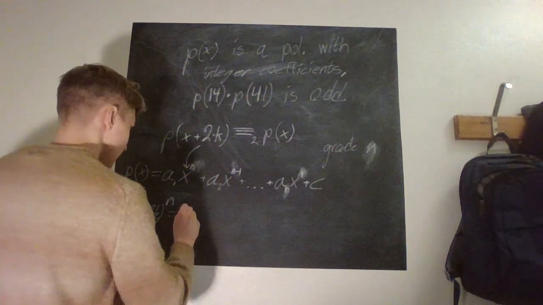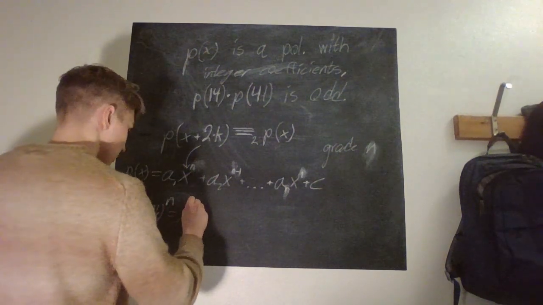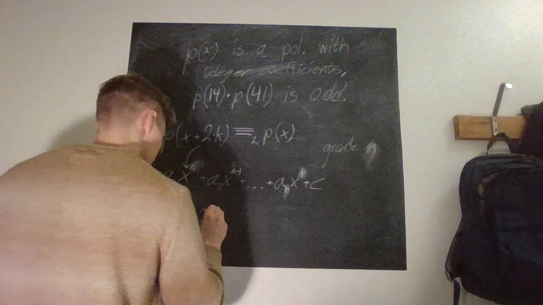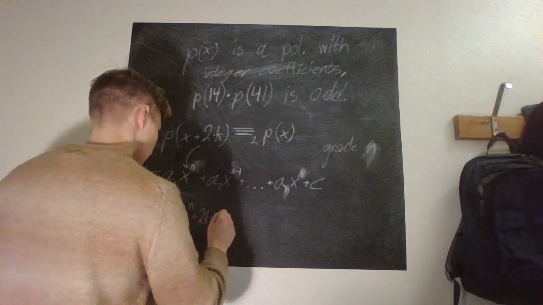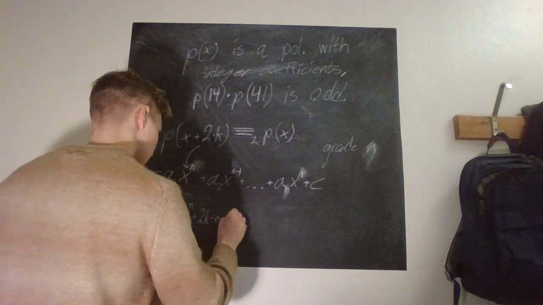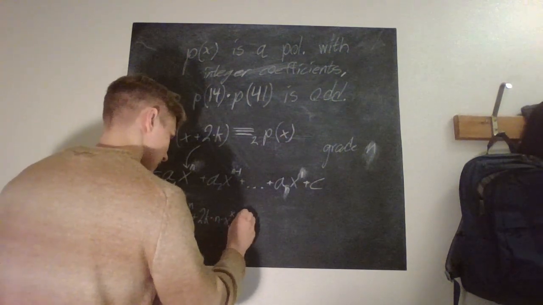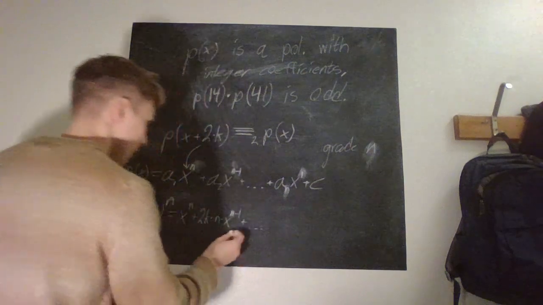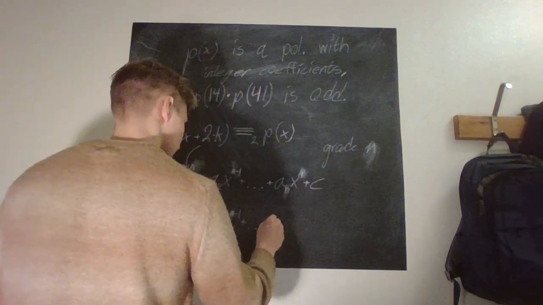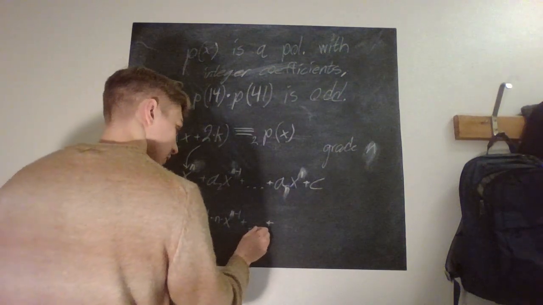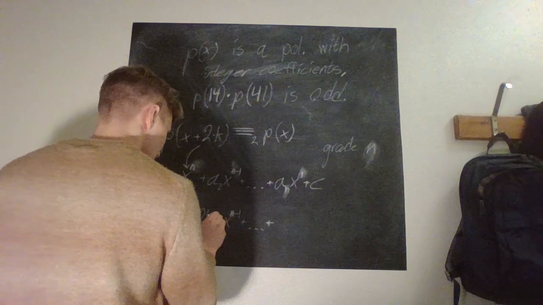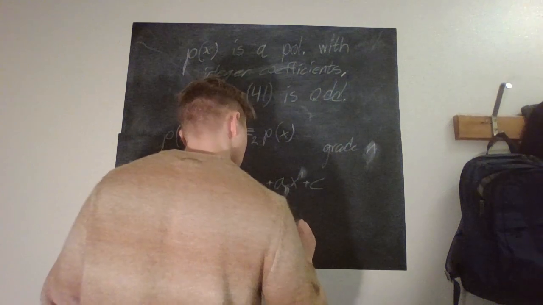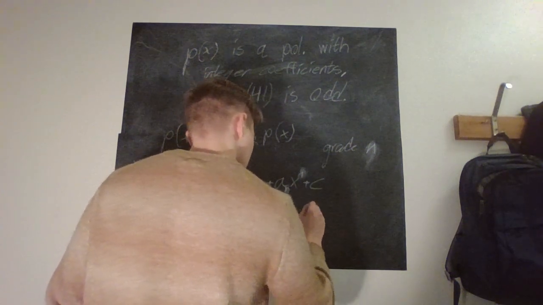Well, this will be x to the power of n plus 2k times n times x to the power of n minus 1, and plus a bunch of terms all the way down to 2k to the power of n.